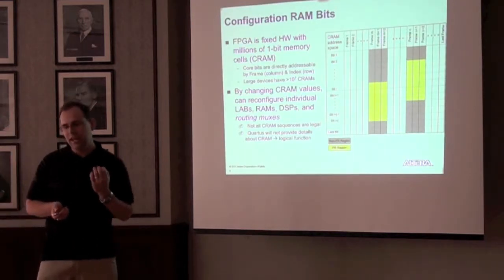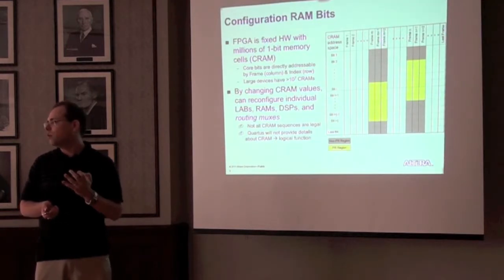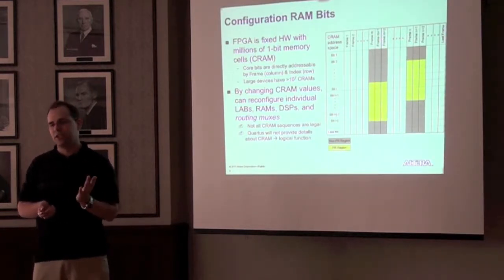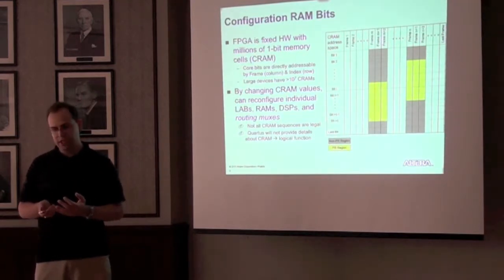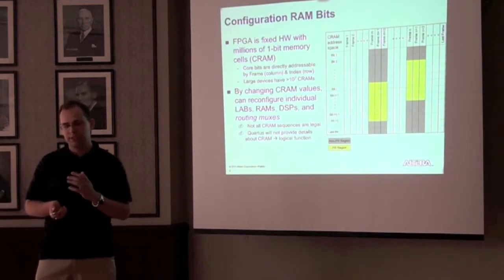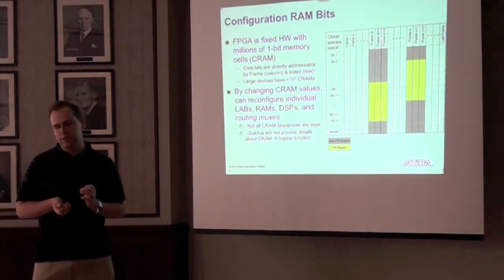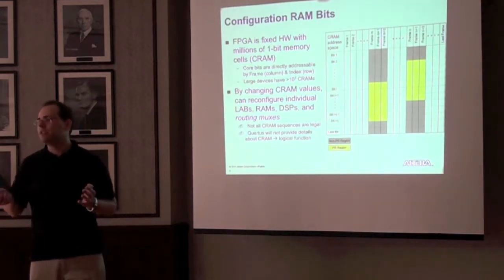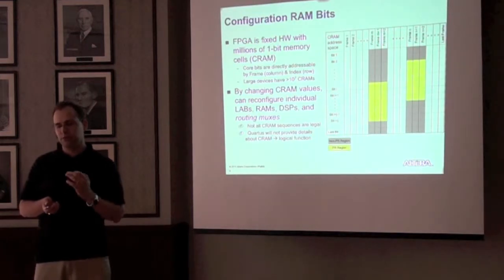At some level, an FPGA is merely a fixed piece of hardware with millions of 1-bit memory cells altering the functionality. This is how any design can be implemented in the FPGA. So all of those core bits, remember the labs, RAMs, and DSPs, their configuration RAM bits are directly addressable by a 2-dimensional grid, in this case frame, which represents the column, and a bit index, which represents the row.